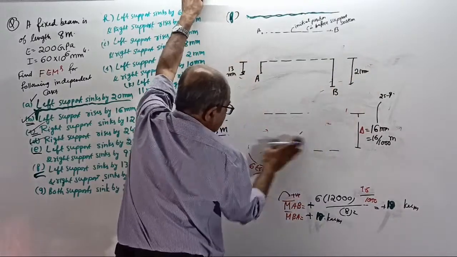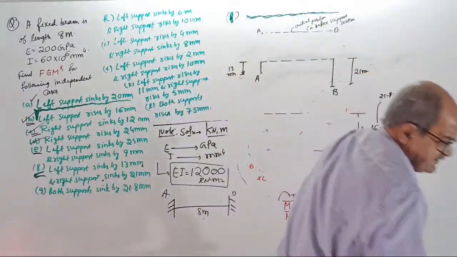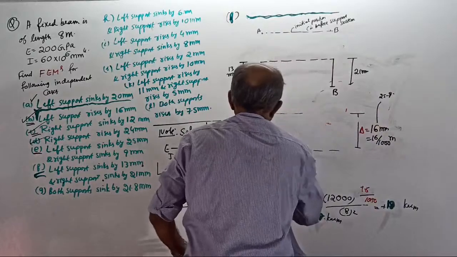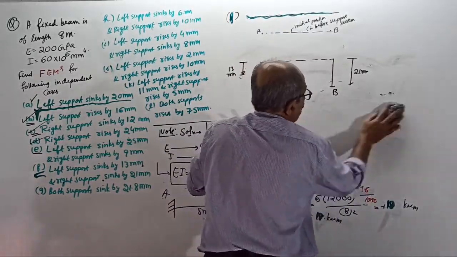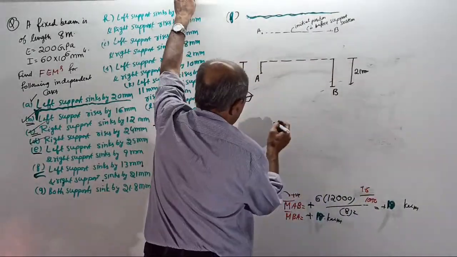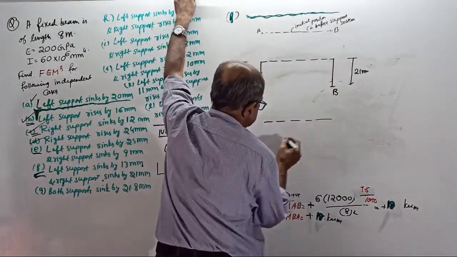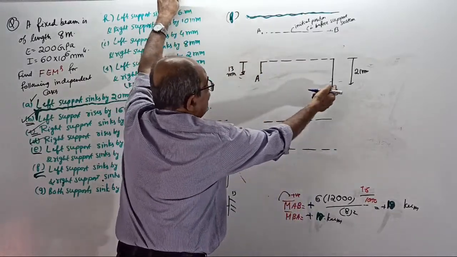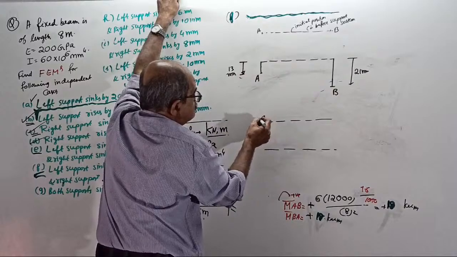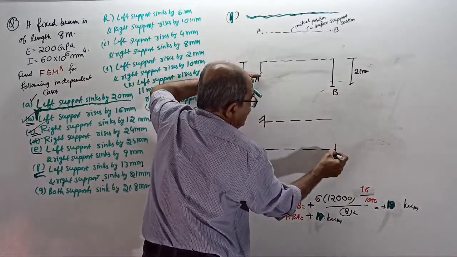Okay, now, once again, what you do? To understand correctly, it is a little boring to write every time. Now what you do is, once again, you make a rule. Two parallel lines. Now, with respect to B, A is above. And with respect to A, B is below.